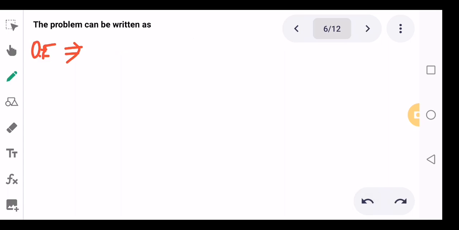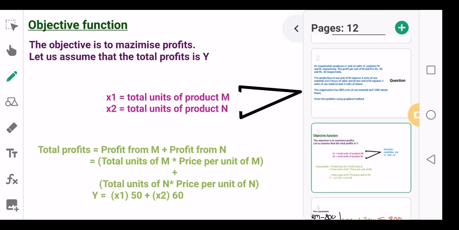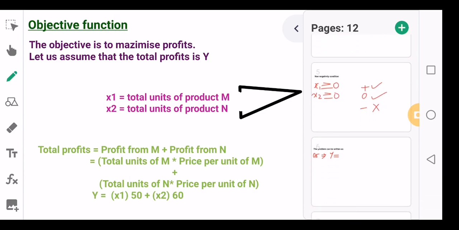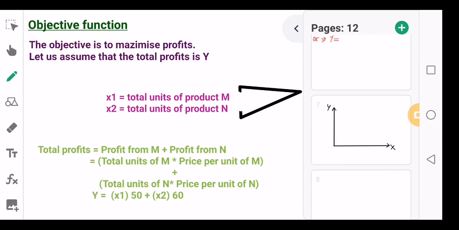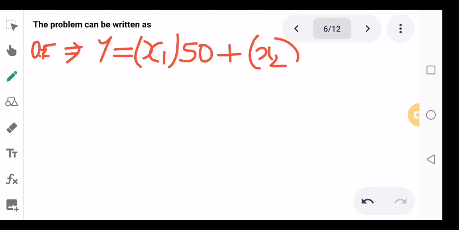So maximum y is equal to x1 into 50 plus x2 into 60. This is your objective function.